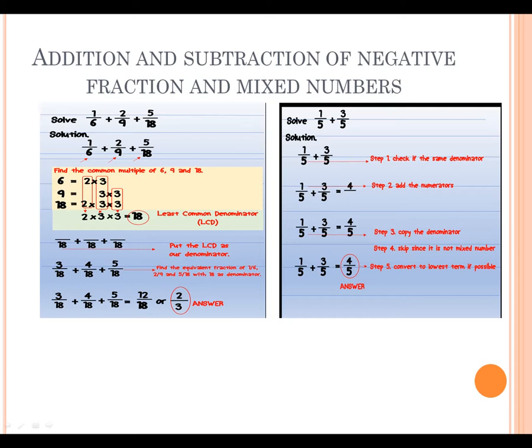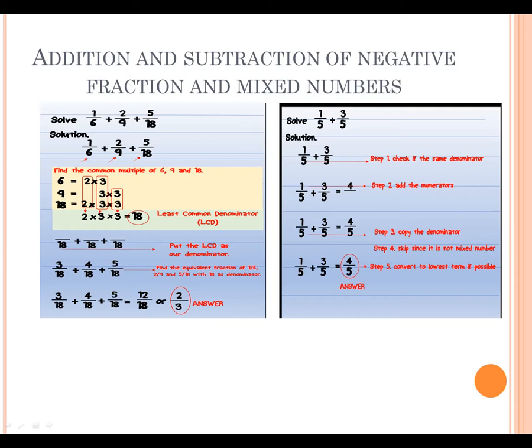The factors of 6 are 2 multiplied by 3, the factors of 9 are 3 multiplied by 3, and the factors of 18 are 2 multiplied by 3 multiplied by 3. So the common factors are 2 and 3, and 3 is also common, so their LCM should be 18.